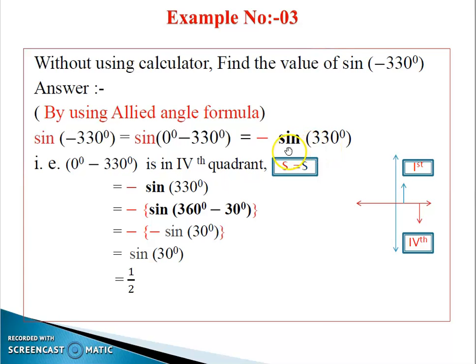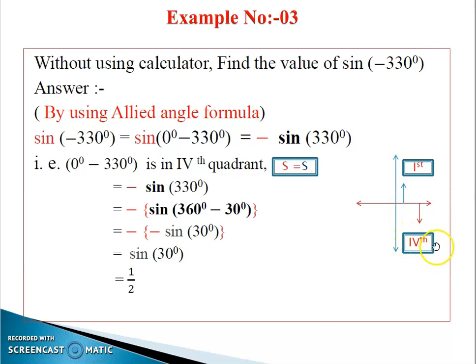Then we find the value of sine 330 degree. First we take minus in curly bracket sine of 360 minus 30 degree, that means 330 is replaced by 360 minus 30 degree. Then we check here sine of 360 minus 30, which is present in fourth quadrant.